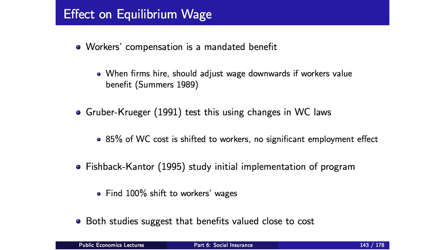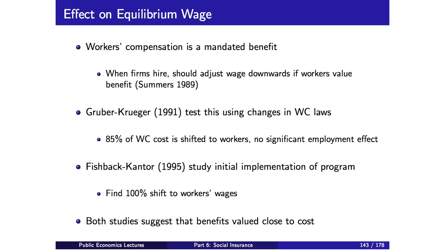Well, when firms hire, we should see that they adjust the wage downwards to account for the fact that they're giving you this benefit, right? And you remember, you can figure out how much workers value the benefit by figuring out how much wages drop in equilibrium. So Gruber and Krueger have a paper testing the Summers predictions in the context of workers' comp using changes in workers' comp laws.